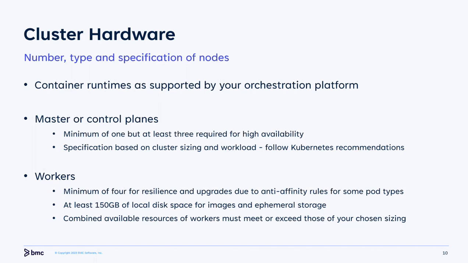For the workers, you're going to need at least 4. The main reason for that, again, is high availability. During upgrades, some of the services that we deploy have what's called pod anti-affinity. That makes sure that where you have multiple pods of a particular type, they're spread across your worker nodes.